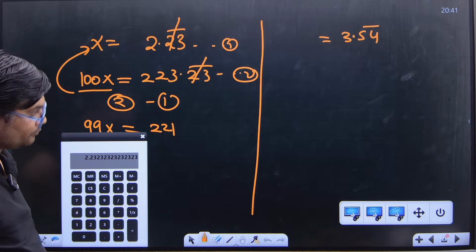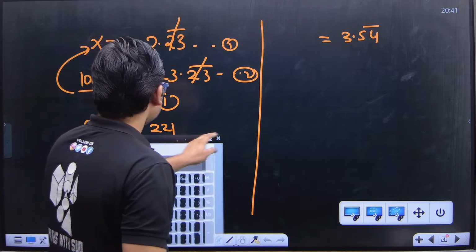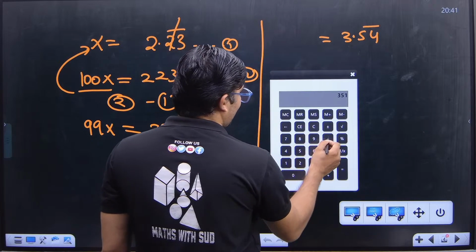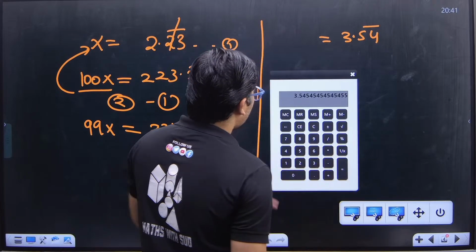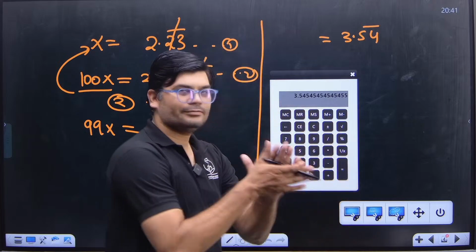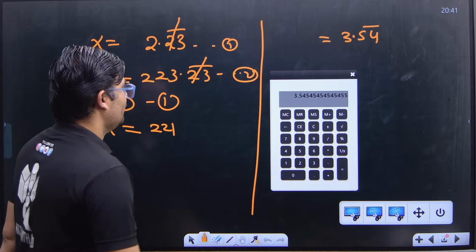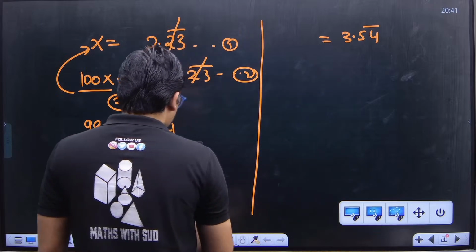So will it be 351 by 99? Let me check. So 351 by 99 is 3.54545, correct? Understood? Wonderful. Good job.